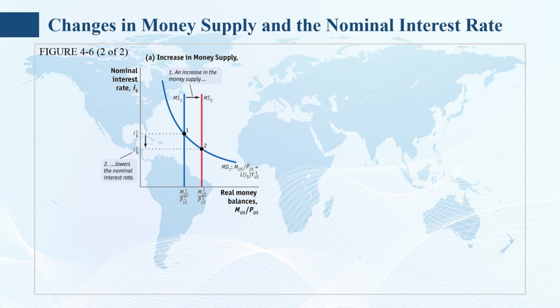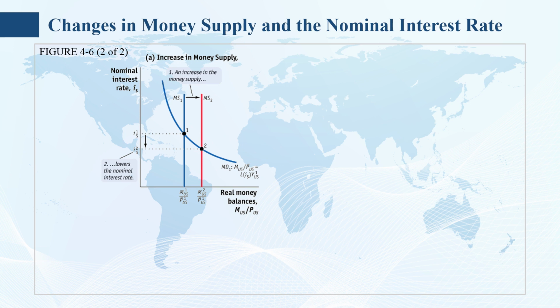In Figure 4.6, in Panel A, with a fixed price level, P1 bar US, an increase in nominal money supply from M1 to M2 causes an increase in real money supply from M1 over P bar to M2 over P bar US.